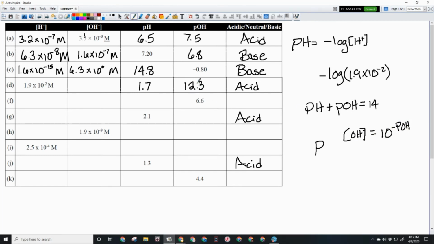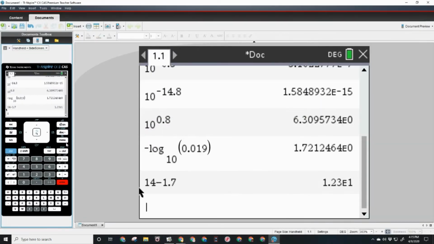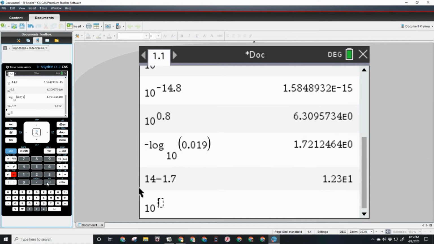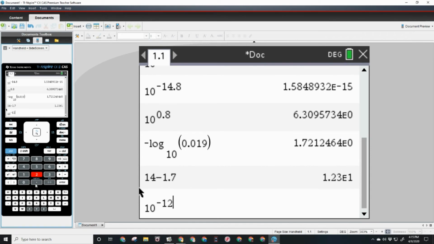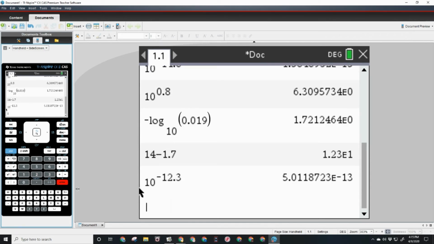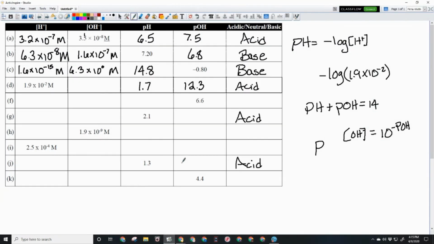So we're going to take 10 to the negative 12.3, and that is 5.0 times 10 to the negative 13th molarity.